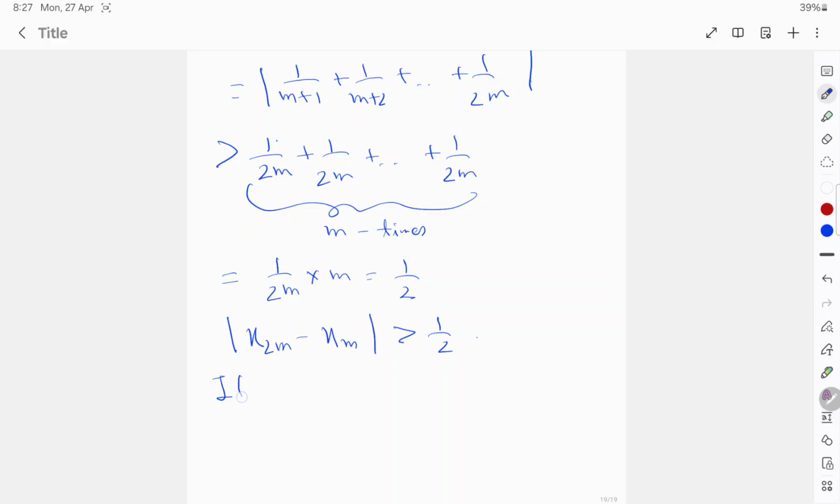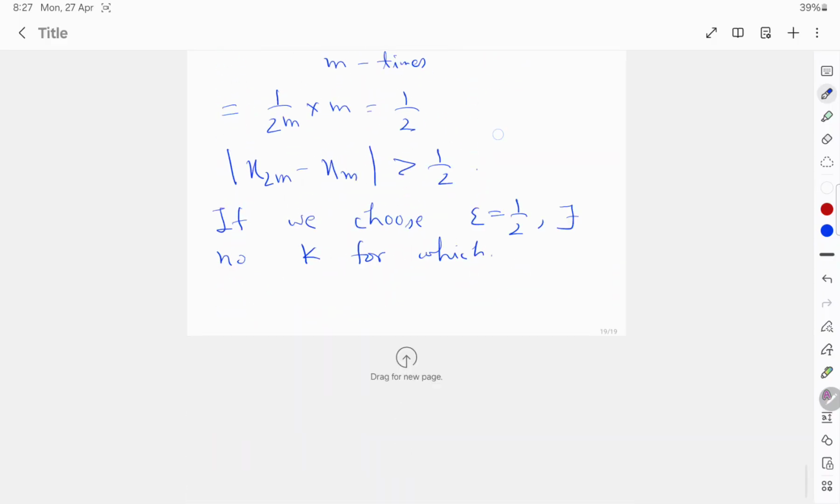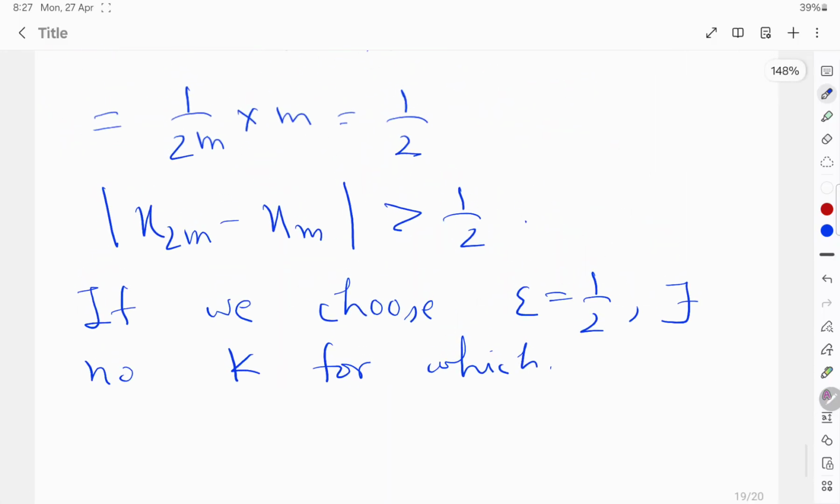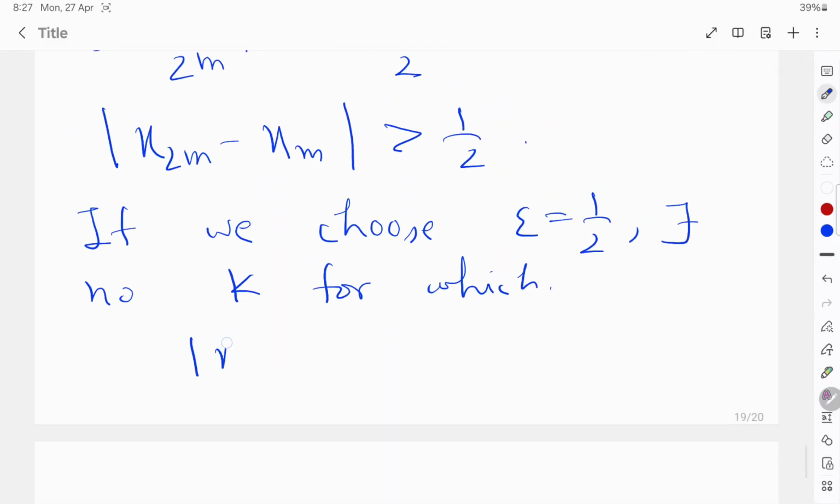So if we choose epsilon is equal to half, so then there exists no k for which, you can say or you can use your Cauchy criteria definition, xn plus p minus xn less than epsilon for all n greater or equal to k, no k, okay?